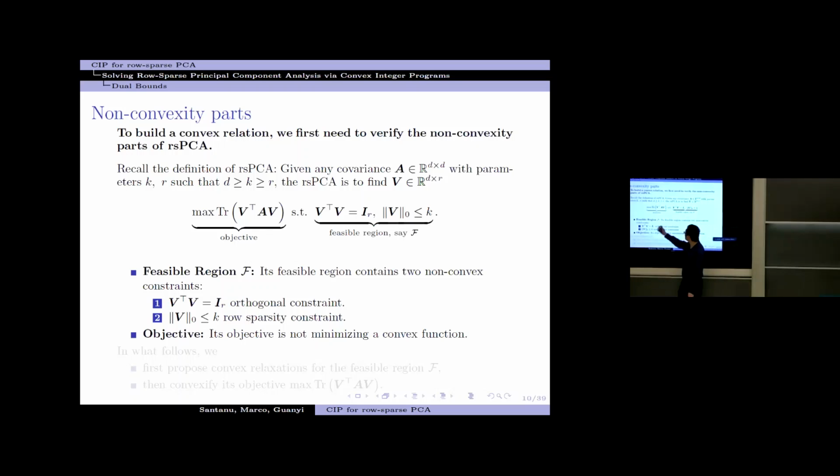And the objective is also not convex because it maximizes a convex function. Maximizing a convex function is not convex, so we need to deal with the objective also. In what follows, we first propose the convex relaxation of the feasible set, and then we convexify the objective.